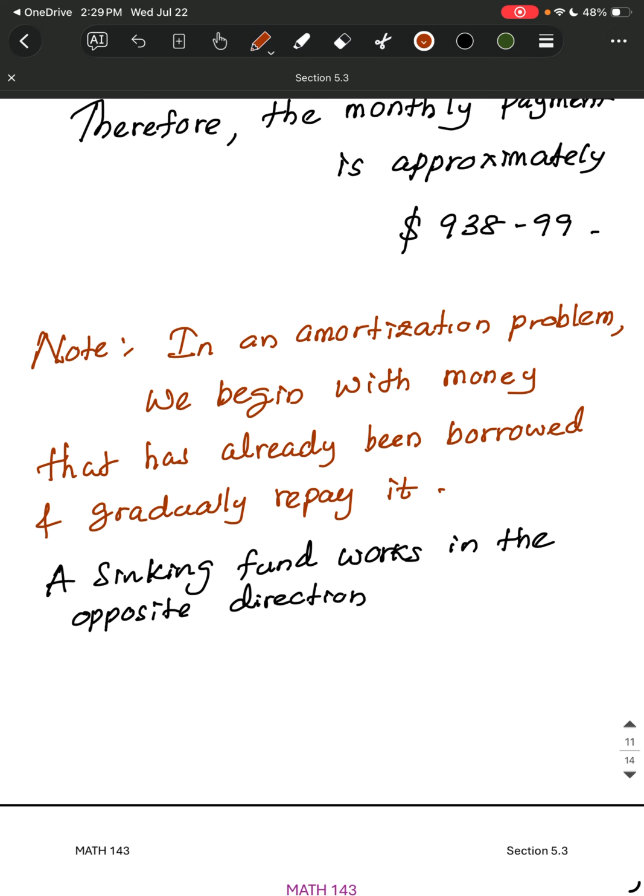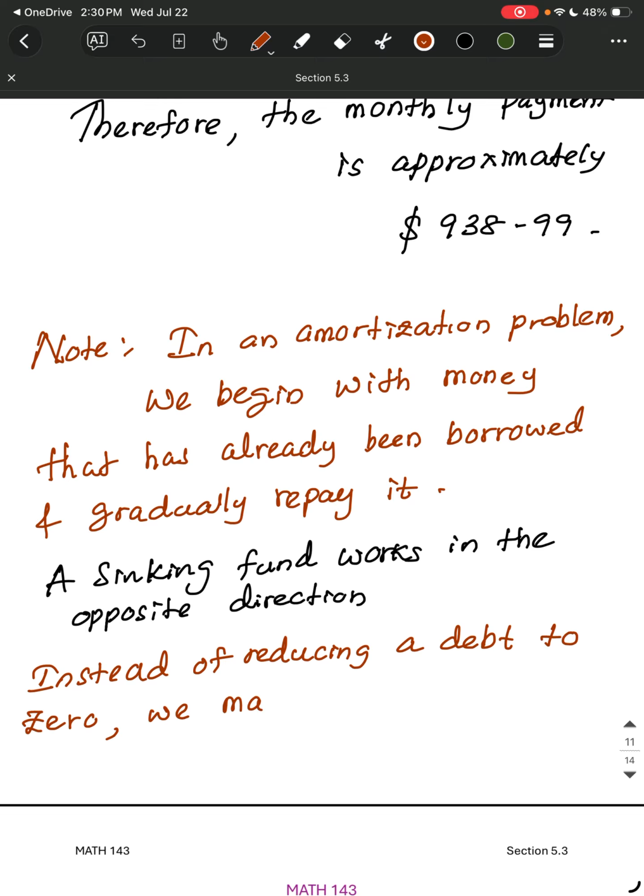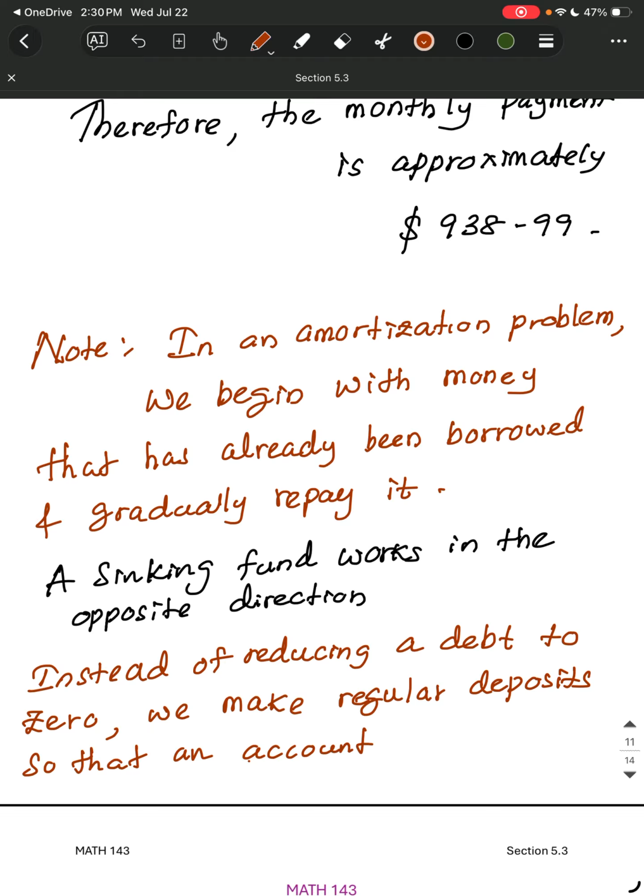That is, instead of reducing a debt to zero, we make regular deposits so that an account grows to a desired future amount.